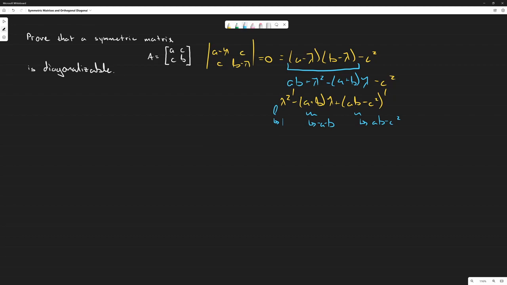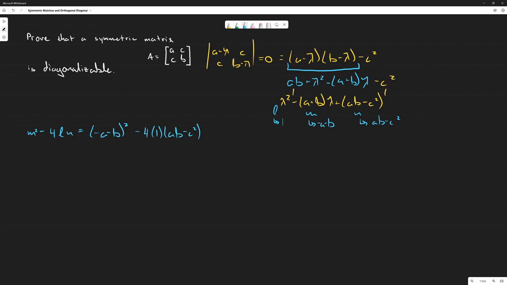If you remember back in algebra 1, the discriminant is equal to M squared minus 4LN, so that will be equal to (negative a minus b) squared minus 4 times 1, because of the L, times (ab minus c squared).